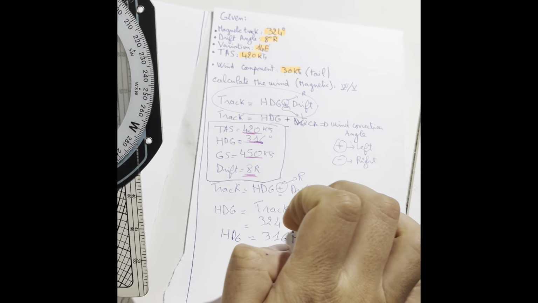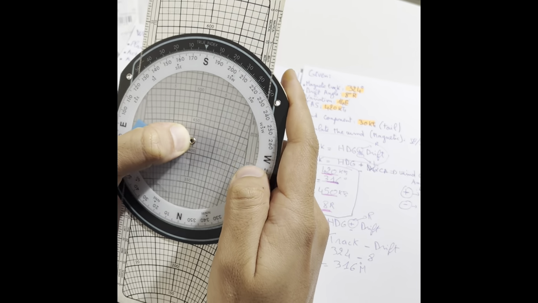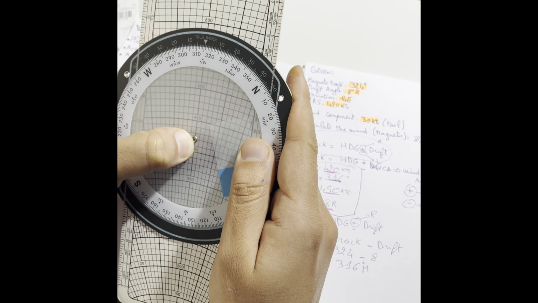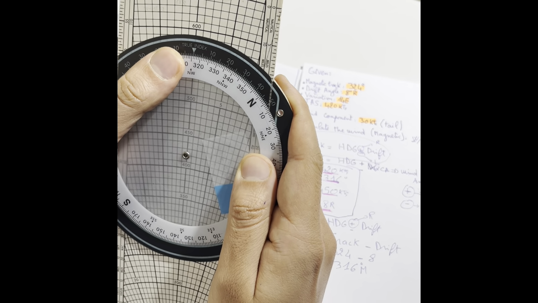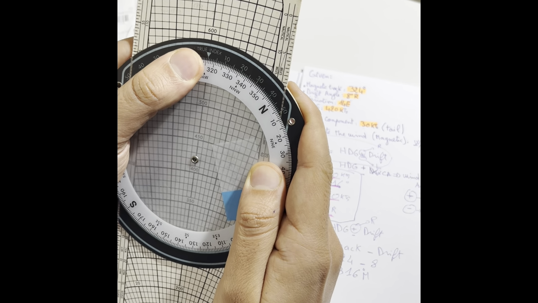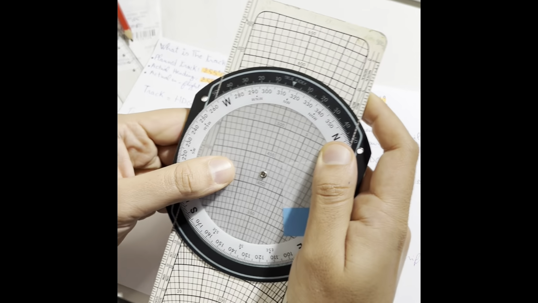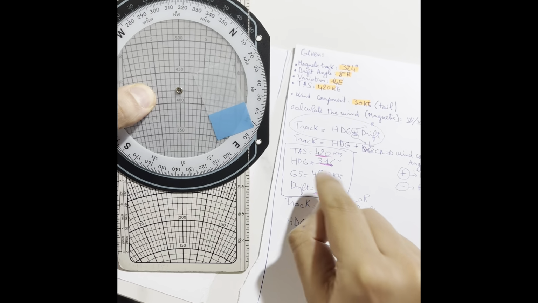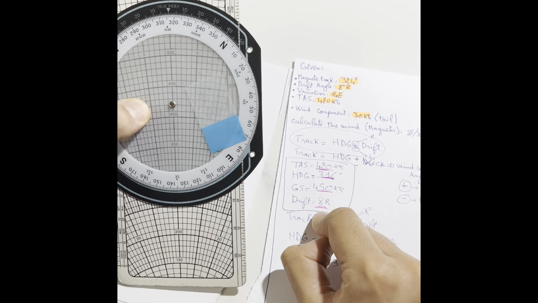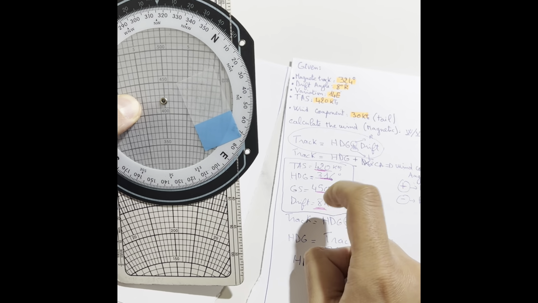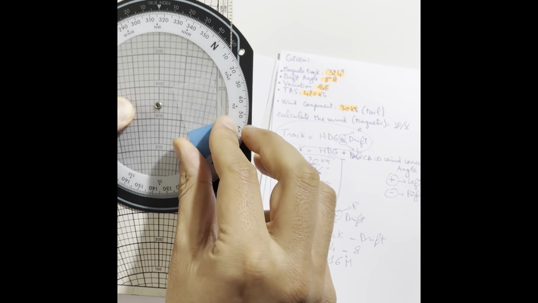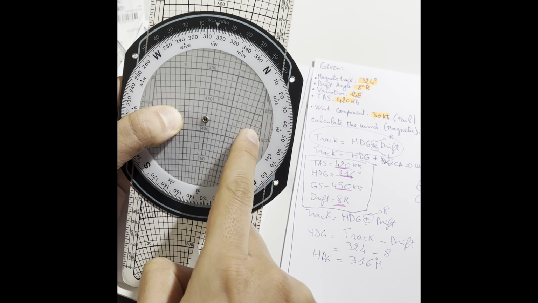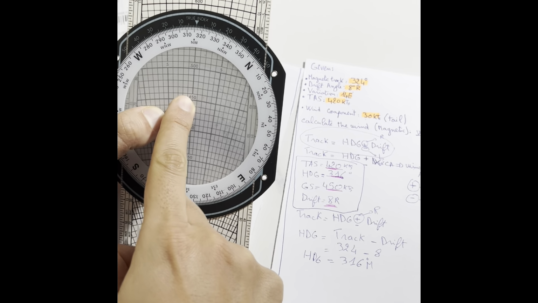Then we have a heading of 316. We go to 315, 316, yeah. And then we have a ground speed of 450 plus a drift of 8 right. So we try to find the line that takes 450 and 8 right.